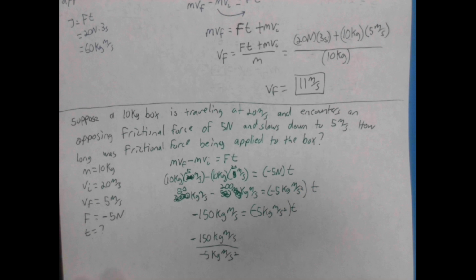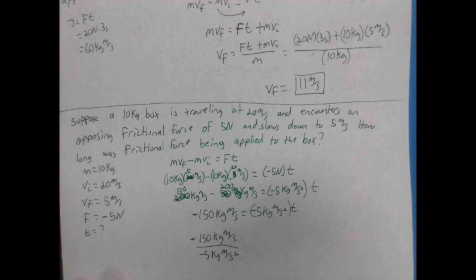This is why putting in units and signs always helps, because time is always going to be positive. Time has no direction, we usually say. It's a scalar, so it shouldn't have a negative sign.